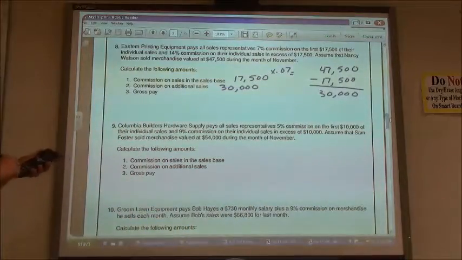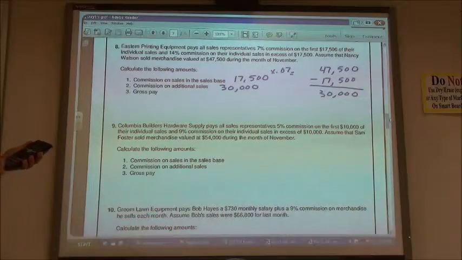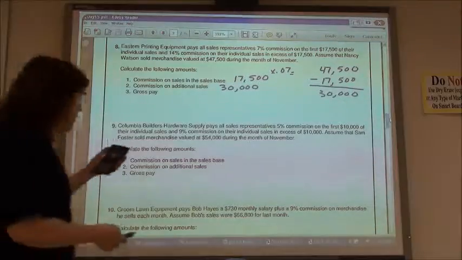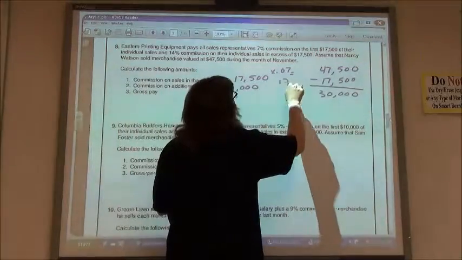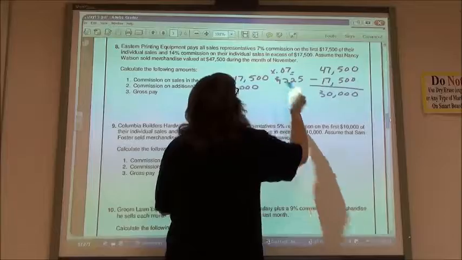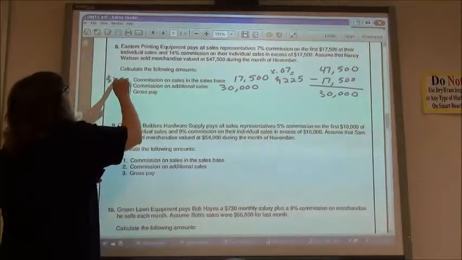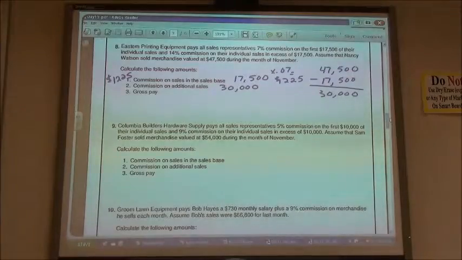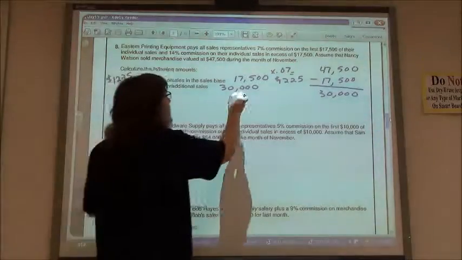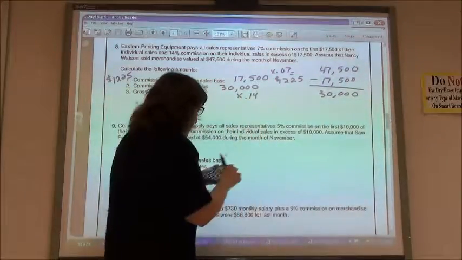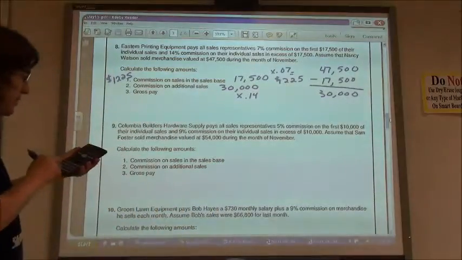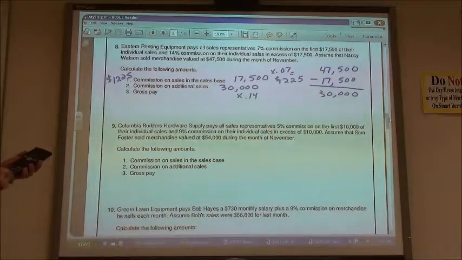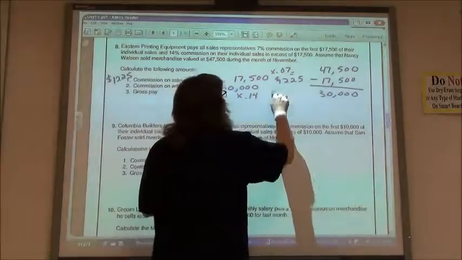So if I take my $17,500 times my 0.07, that's $1,225. On the commission for additional sales, I get 14%. So I'm going to take my $30,000 times 0.14, $4,200.